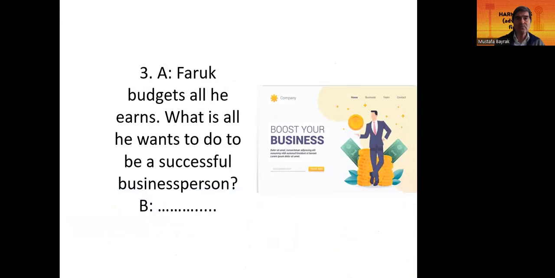Three, Farooq budgets, as a verb. Farooq budgets all he earns. Farooq sorts out all he earns. Farooq doesn't spend. Farooq spends all he earns.